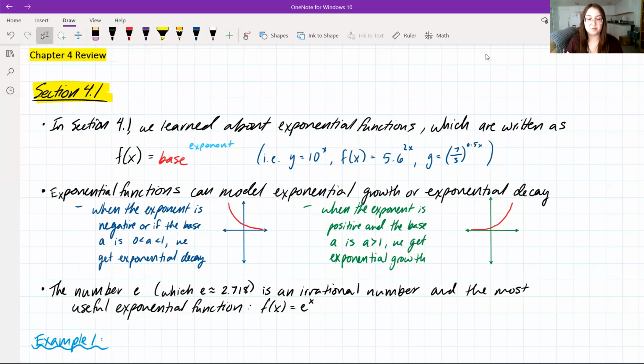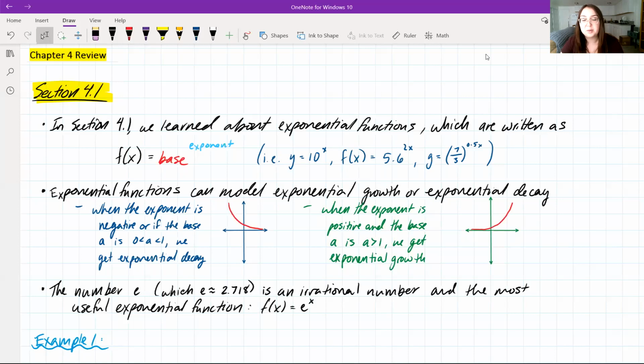Starting with section 4.1, we learned about exponential functions, where our function f of x is equal to the base, which is highlighted in red, so this will be any positive constant number. And then we have our exponent, which is in blue.